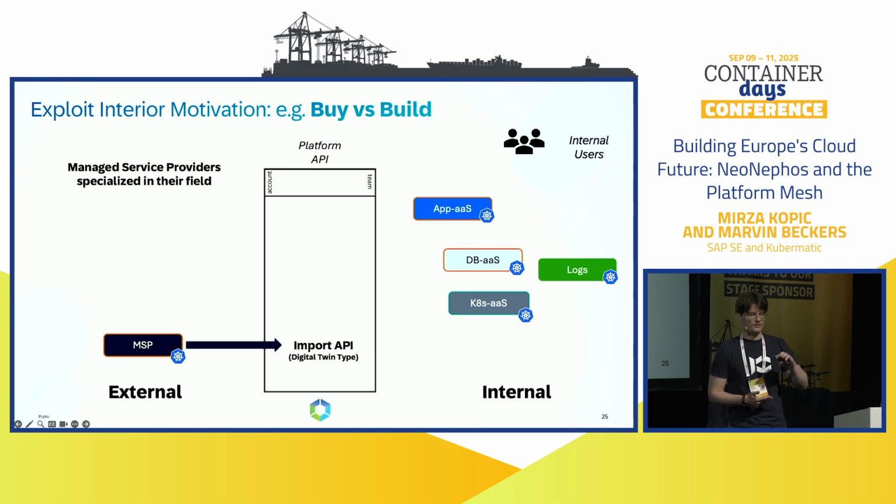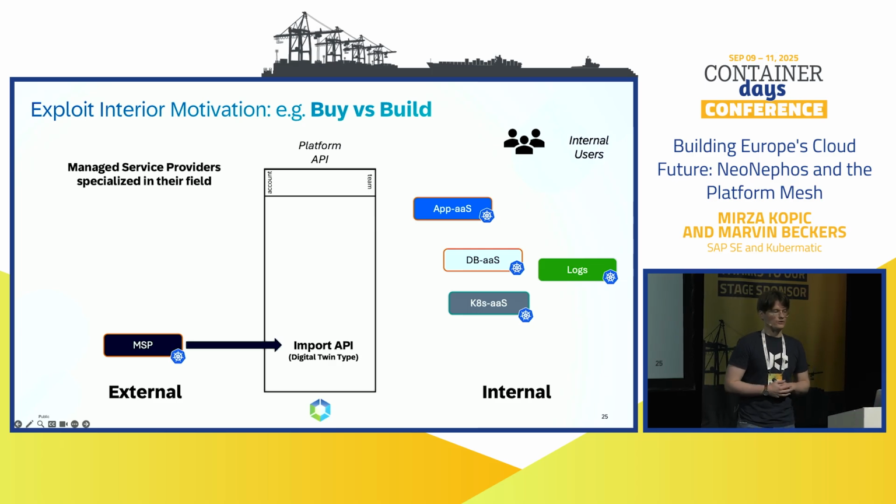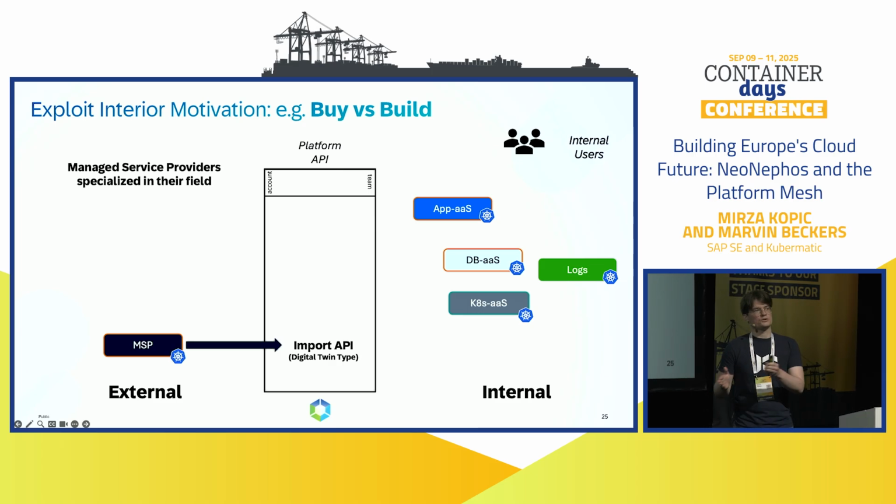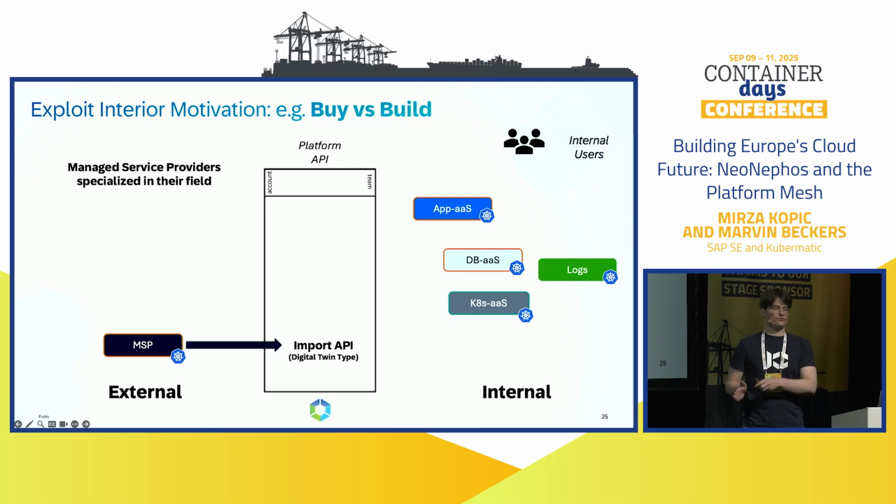The teams have their own tenants, like users have a tenant. But what we're proposing is, because an MSP, a managed service provider, would also speak the Kubernetes resource model as this shared language, you can then import their APIs into your platform. The MSP speaks Kubernetes resource model, you speak Kubernetes resource model, and suddenly you have protocols like kube-bind, which we're working on, that allows you to import that API as a digital twin into your platform.